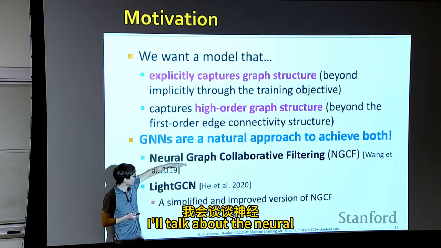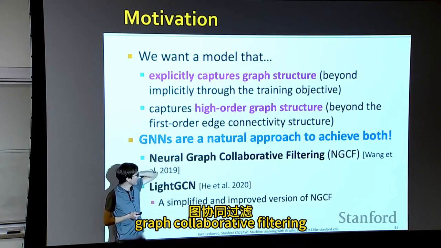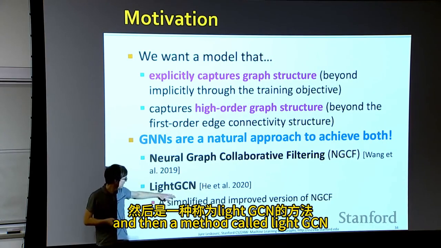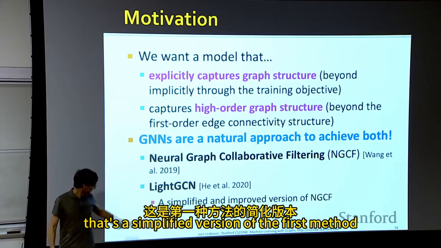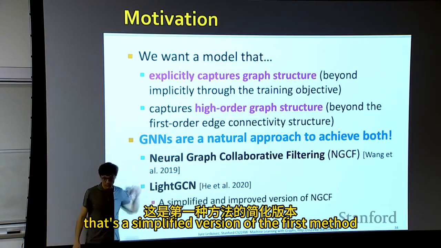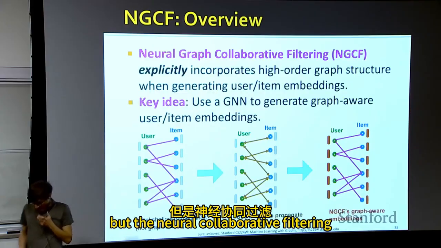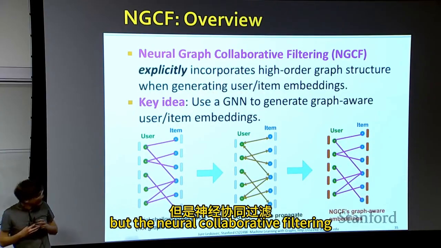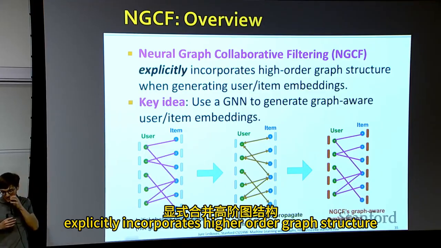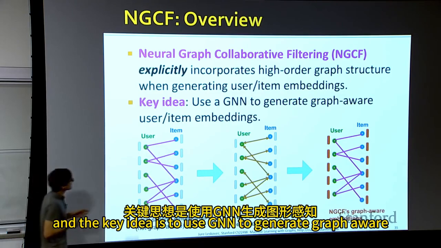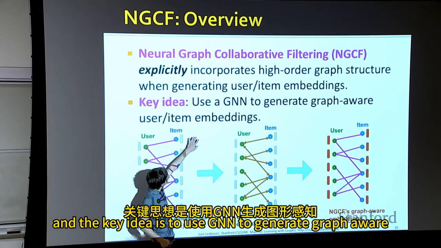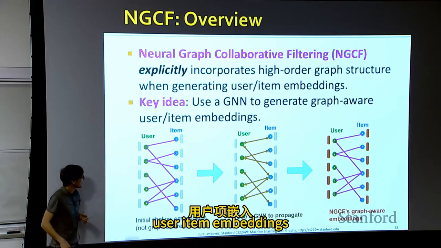And as I said, I'll talk about neural graph collaborative filtering, and then a method called LightGCN that's a simplified version of the first method. Neural graph collaborative filtering explicitly incorporates higher-order graph structure when generating user and item embeddings. The key idea is to use a GNN to generate graph-aware user and item embeddings.